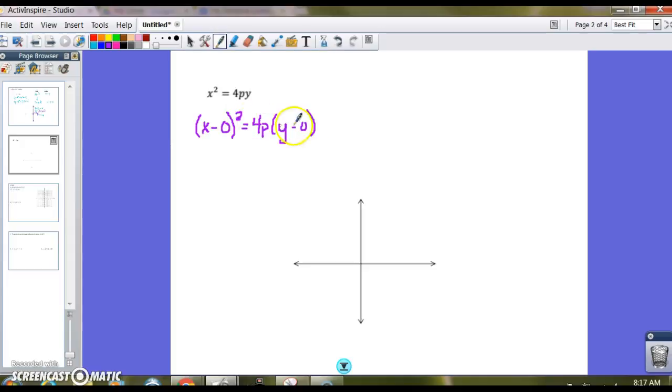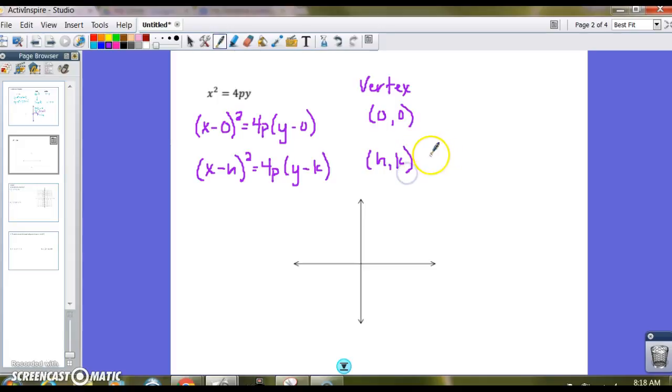And that's still telling me that my vertex is at (0, 0), but now I can replace that with h and k. And so now my vertex, your vertex here was (0, 0). Your vertex here is at (h, k).